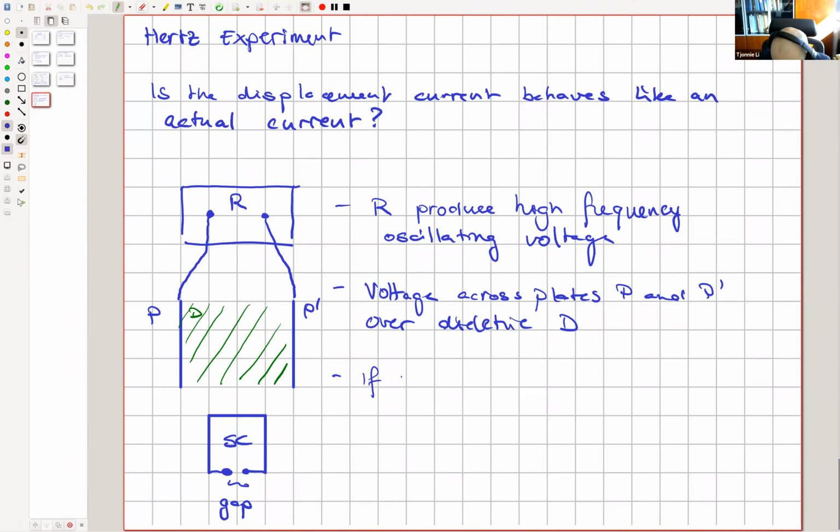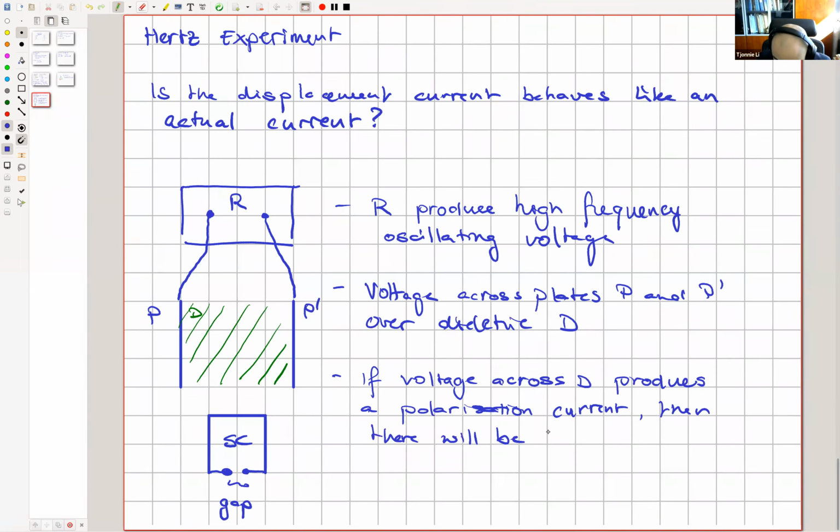If voltage across D produces a polarization current or displacement current, then there will be an oscillating magnetic field, and this oscillating magnetic field will then give an electromotive force, because the field is also coupled into the secondary circuit. So we'd expect to see an electromotive force across the secondary circuit.